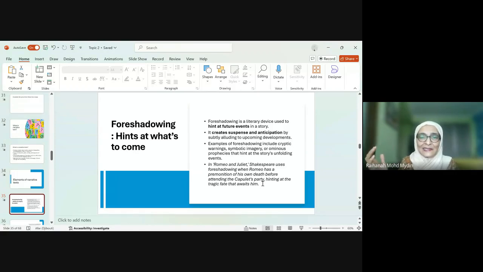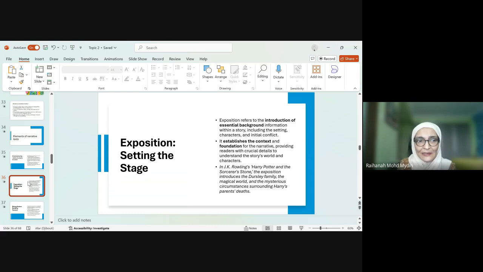You would think it's a celebration, but he has a premonition of his own passing, his own death. You might not pick it up as you're reading it, but later when it unfolds, you realize that Shakespeare had already hinted at that at the early part of the play, at the start of the play. So that is an element of foreshadowing.